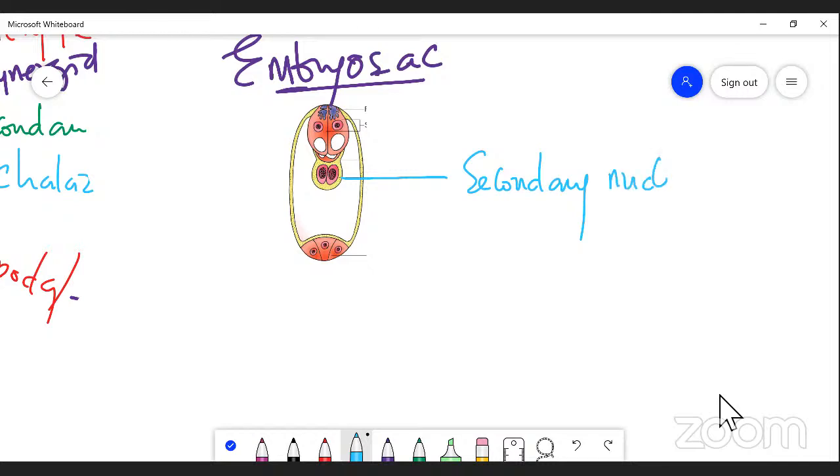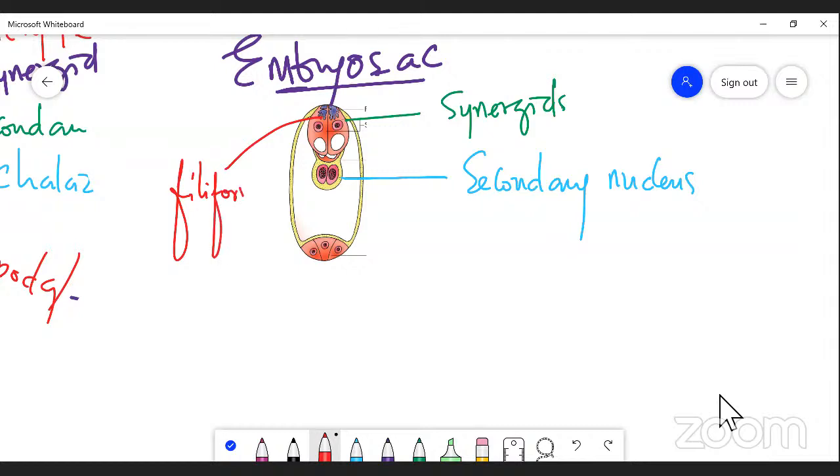And on the upper side you can see synergids. Two cells are associated to form the synergids. In the synergids, at the center, you can find the filiform apparatus.